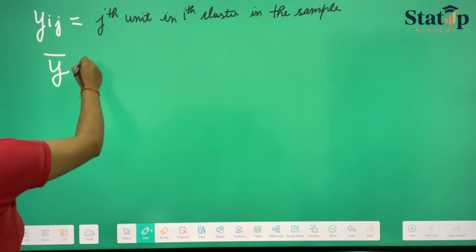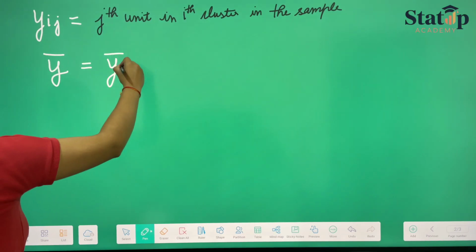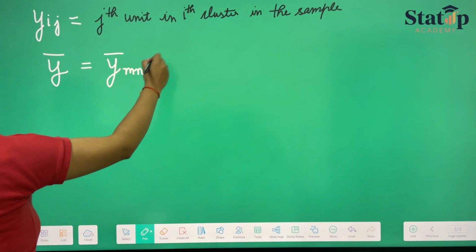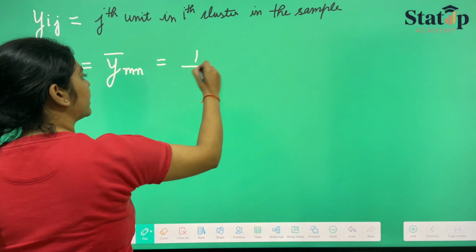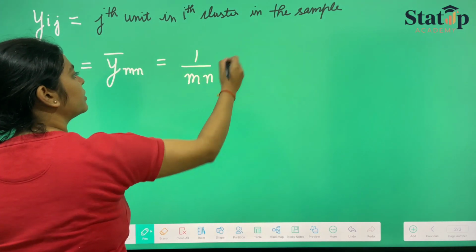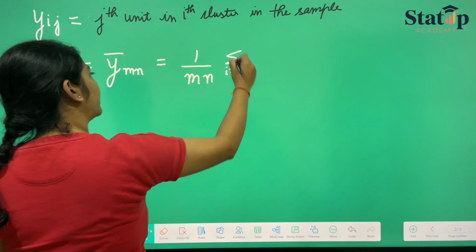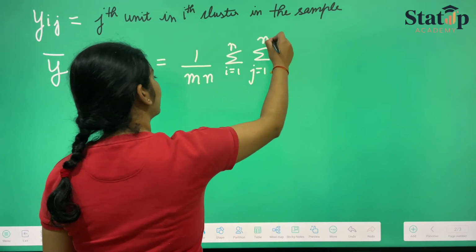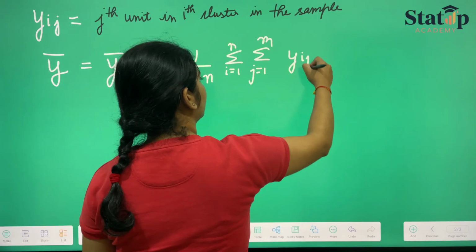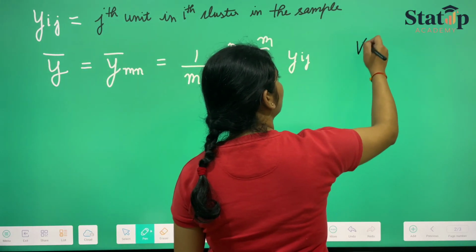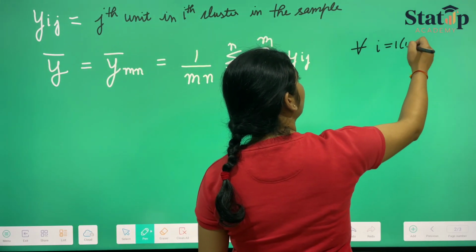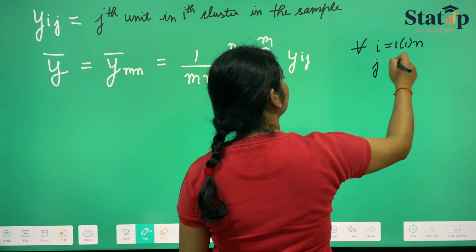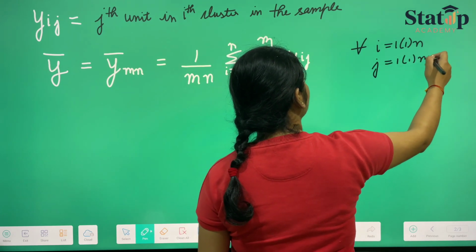This y bar can also be written as y bar mn, and hence we can write it as 1 upon m into n, summation i goes from 1 to n, summation j goes from 1 to m, yij, for all i from 1 to n and j from 1 to m.